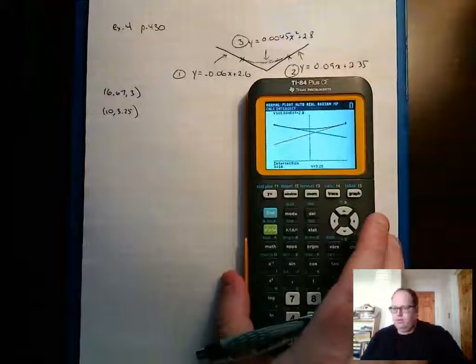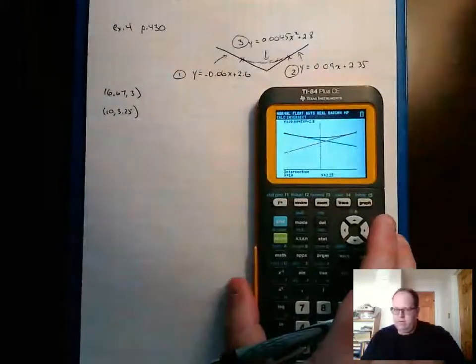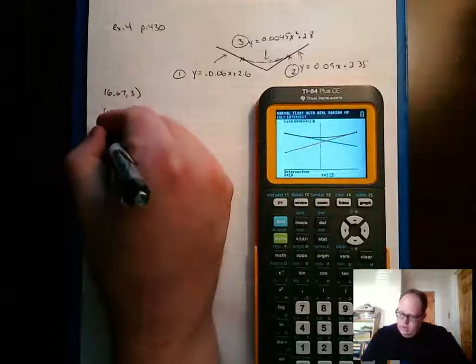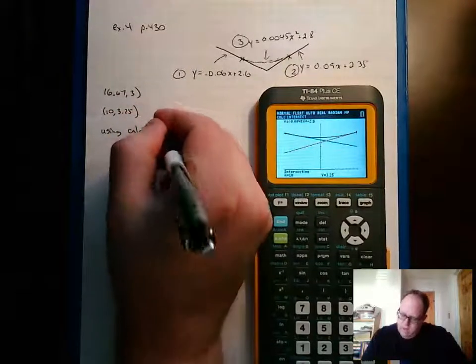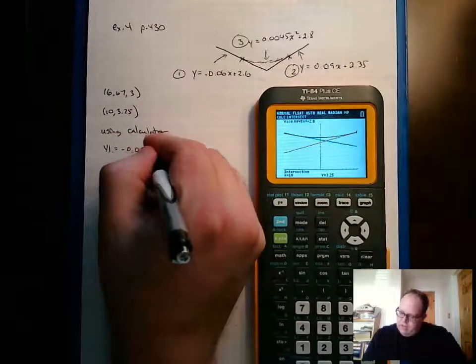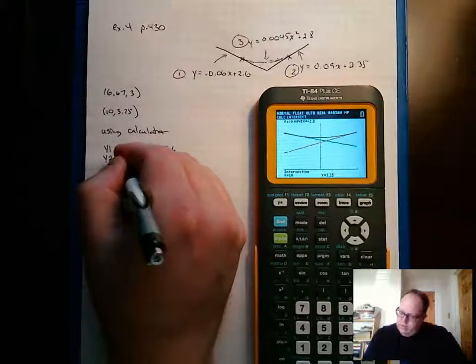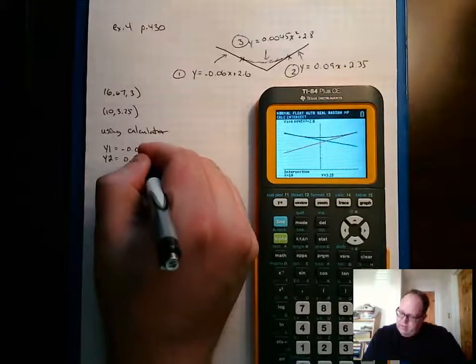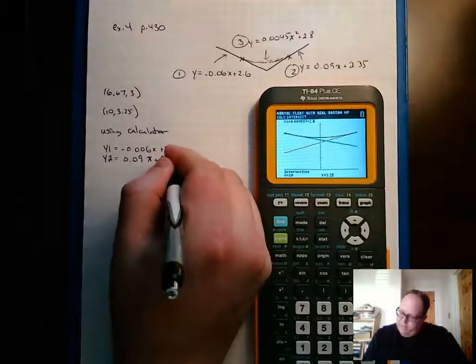So then I will go through the same process that I said before. I am going to say, using my calculator, I set y1 equal to negative 0.06x plus 2.6. I set y2 equal to 0.09x plus 2.35.